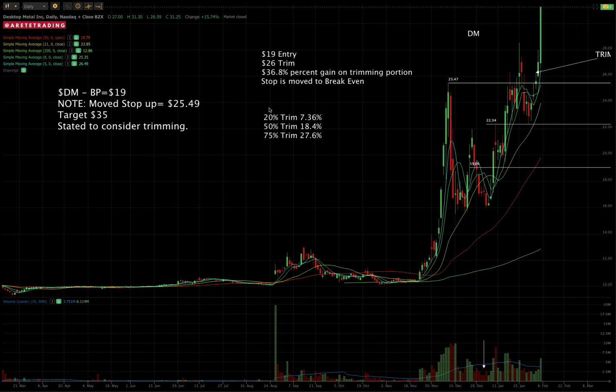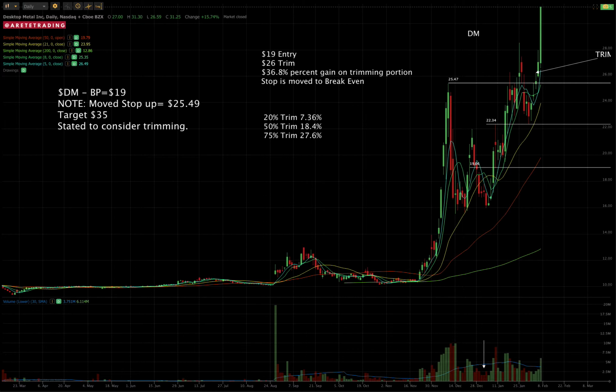Now, I know people that use 0 trim, and they just ladder their stop up on the whole position. That's entirely up to you and what your process is. All I'm trying to do is show you some simple math. If you can't figure out how we got to the 36.8%, it's just these 2 numbers. Then you take the percentage of what this percentage is, and that gets you this.